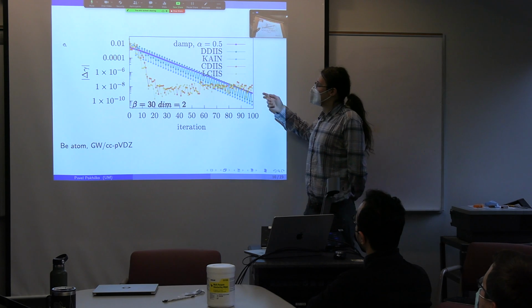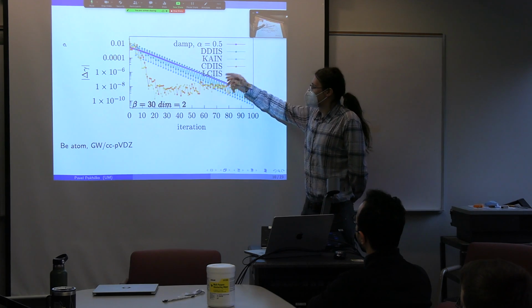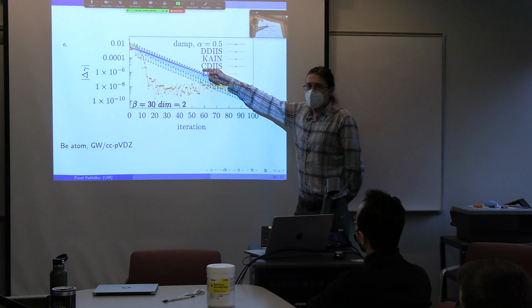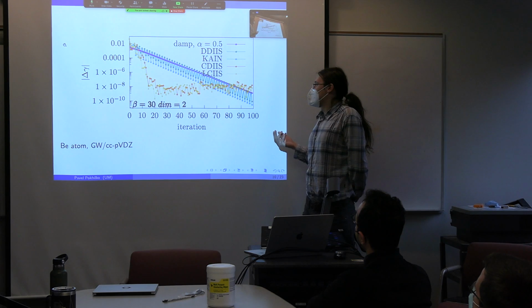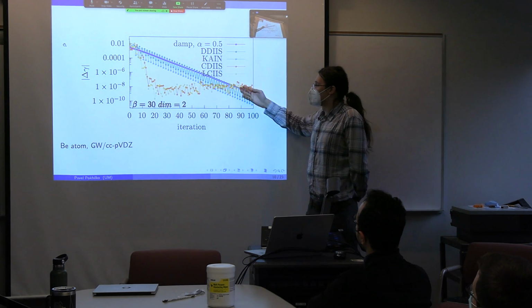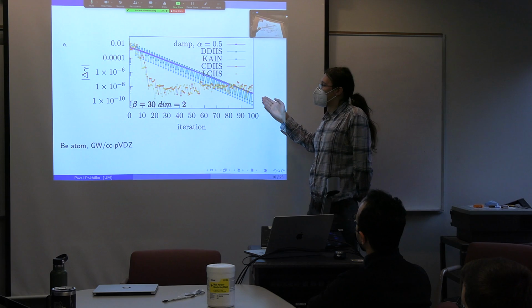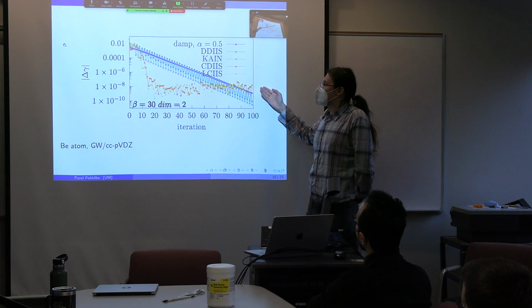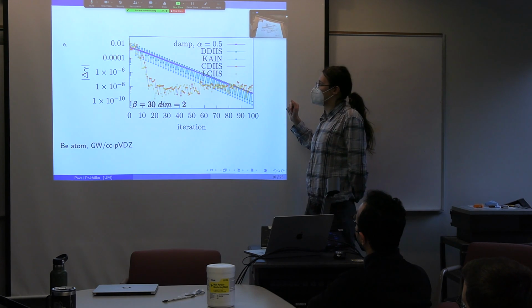We see that when we use the difference residuals, both DIIS and Chem lead to highly oscillatory behavior, and the quality of these iterations is really very similar to Denton. So we don't get any advantage when we use difference residuals with both DIIS and Chem.